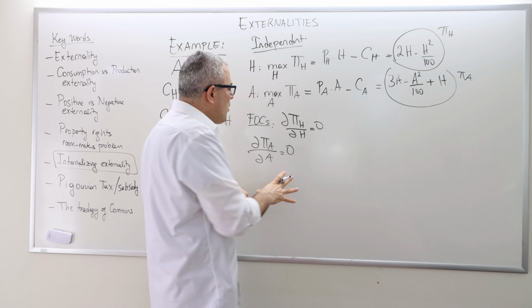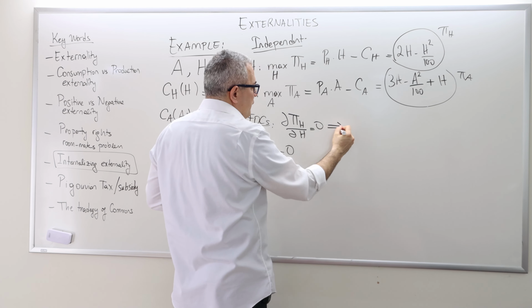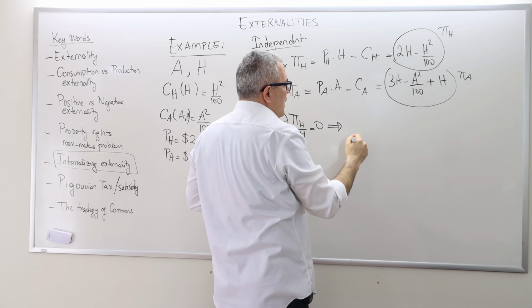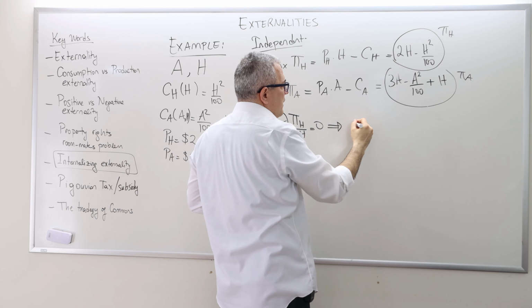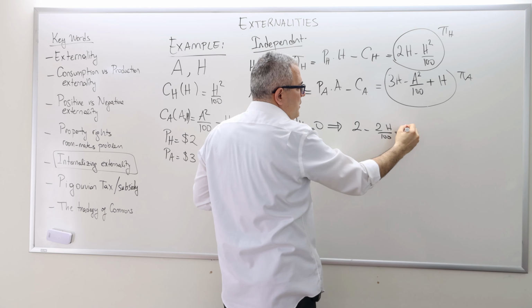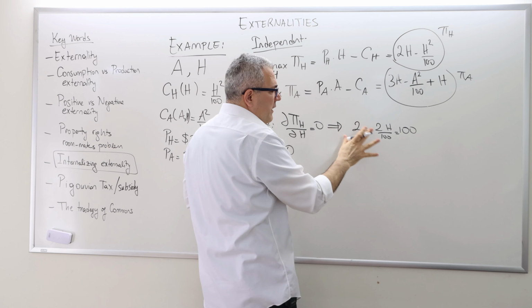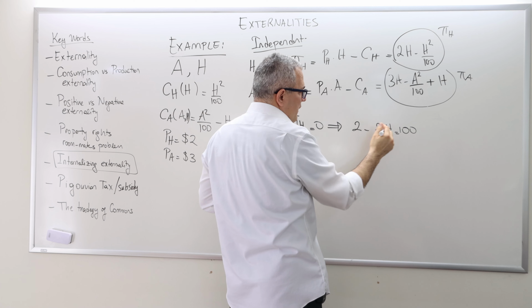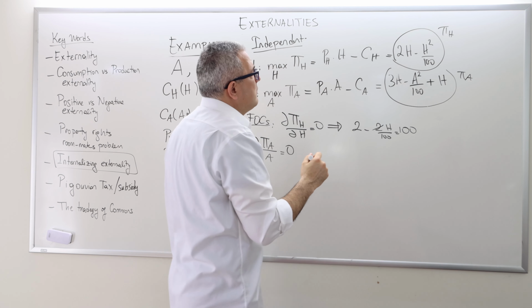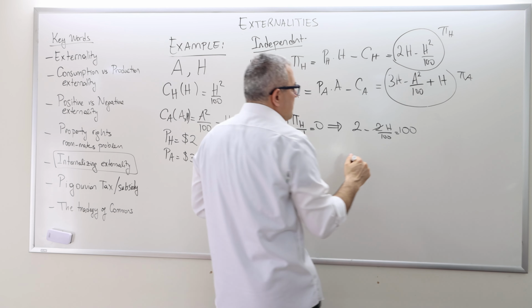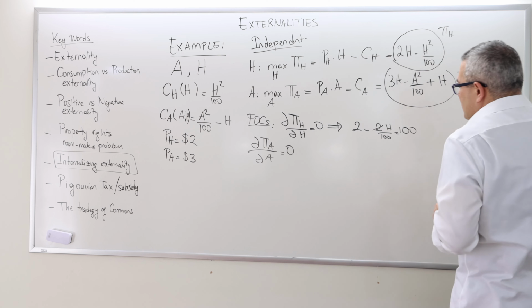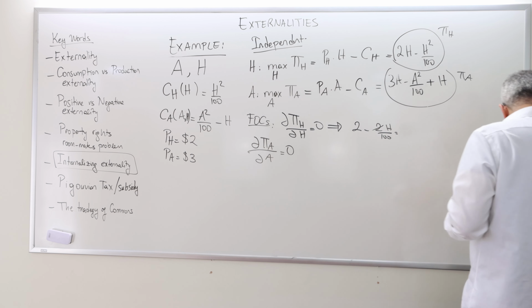Here in the first order condition, you take the derivative of the honey producer's profit. So the partial derivative is going to be 2 minus 2h divided by 100 equals 0. All right, so very simple. Let's solve this. I'm sorry, this is not equal to 100, it's equal to 0, right?